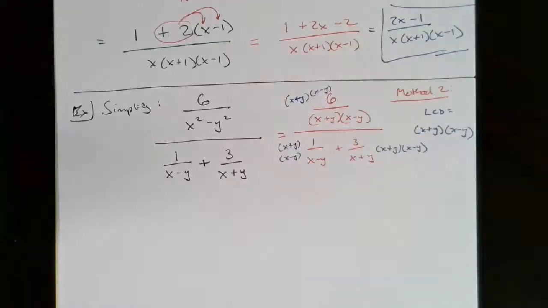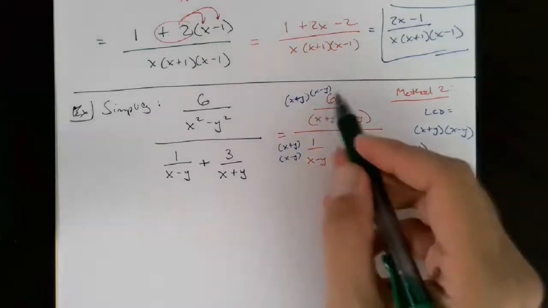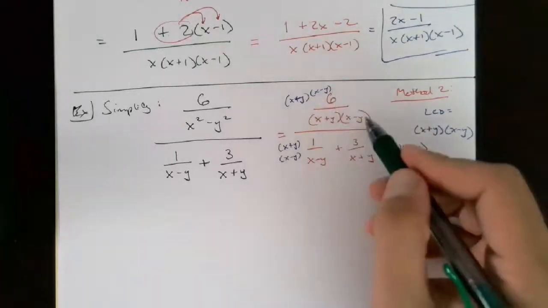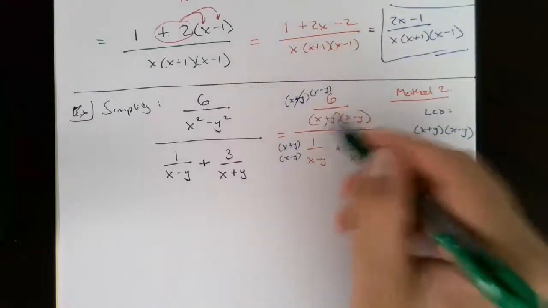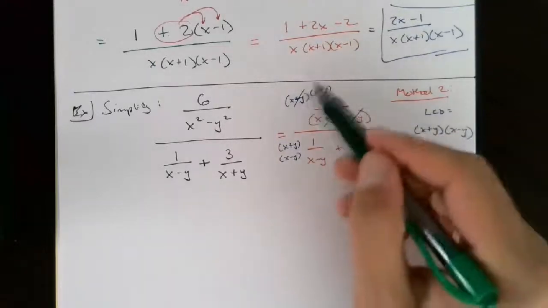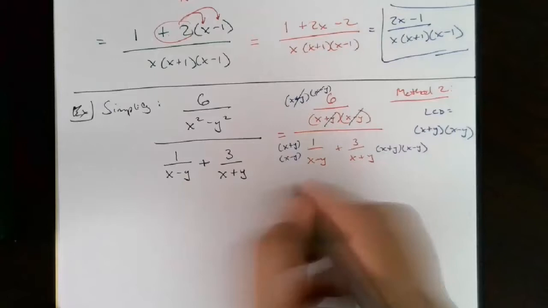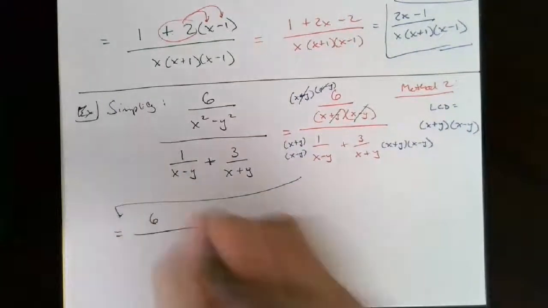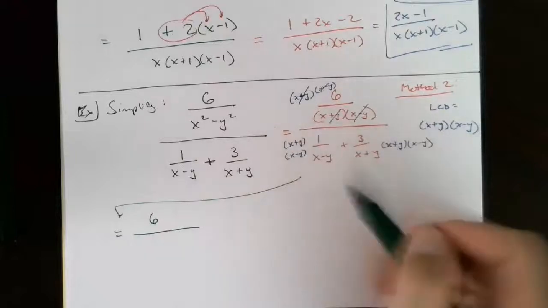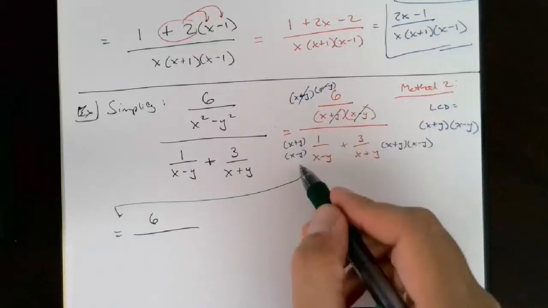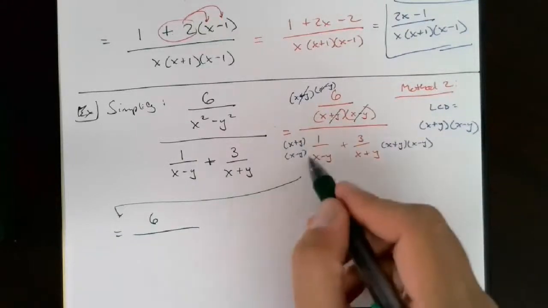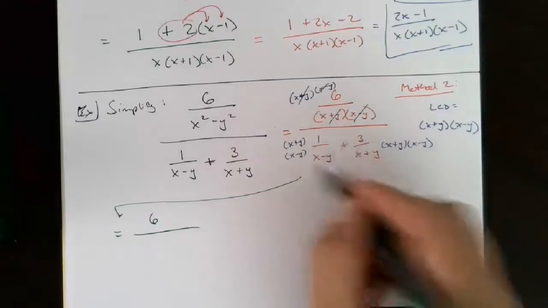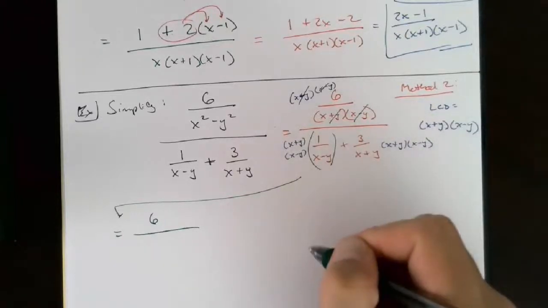Now when you multiply by this, remember the goal is to clear fractions. So x plus y times x minus y times 6 over x plus y times x minus y. Well, the x plus y's cancel, the x minus y's cancel. I'm left with just 1 times 6, so this ends up being 6 over, right, so now this is my big fraction bar. Here, x plus y times x minus y times 1 over x minus y.